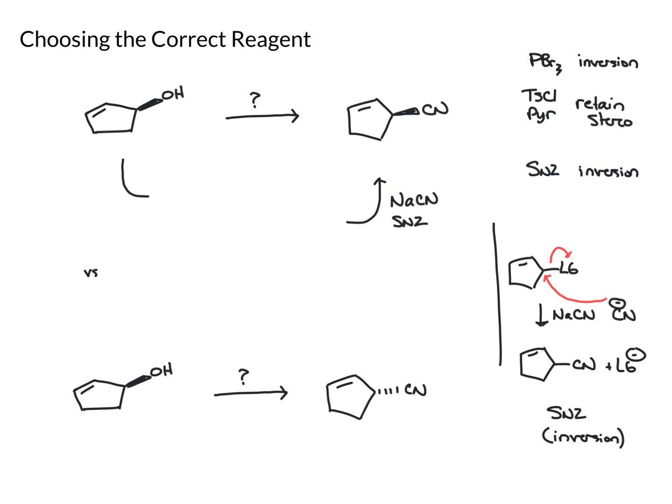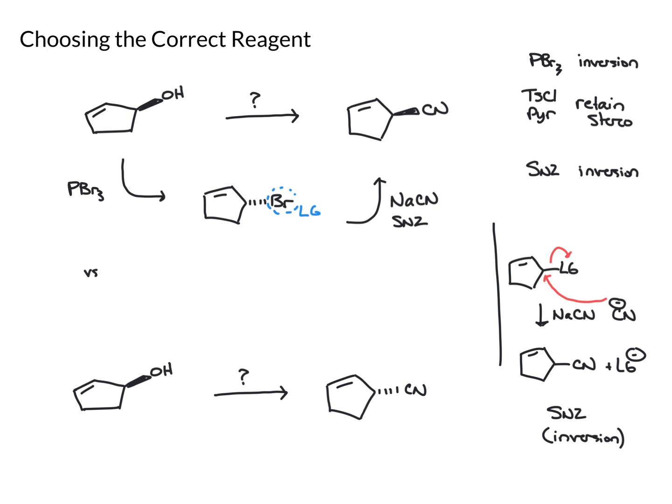So I want to use PBr3. That will turn this into a good leaving group. So that step goes with inversion. The sodium cyanide addition with the SN2 goes with inversion. So the net result here is retention.